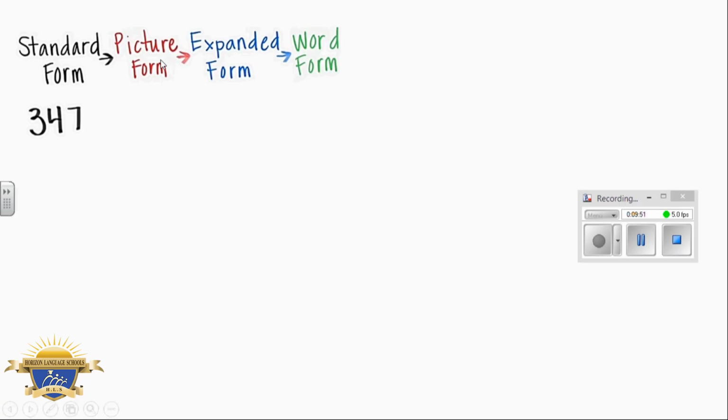Okay, we want to write or draw the picture form. So we will represent the number by drawing. We said we represent the ones by using small squares, the tens by using strips, and the hundreds by using blocks.